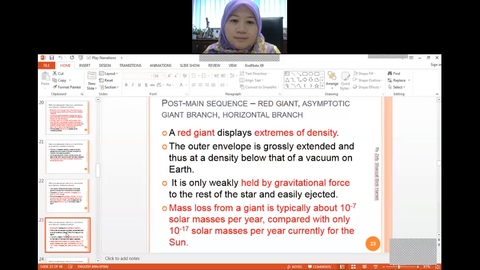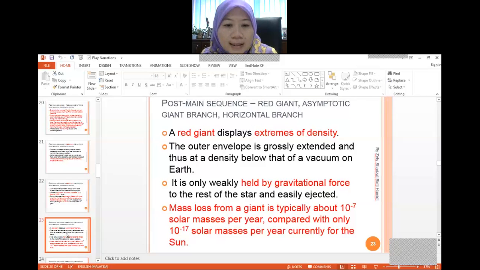Okay, and of course, red giants have very extreme density, and it is held by gravitational force to the rest of the star and is easily ejected. The mass loss from the giant is typically about 10 to the power of negative 7, compared to only 10 to the power of negative 17 during the main sequence stage.